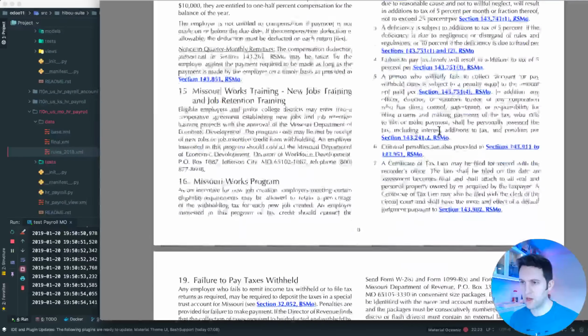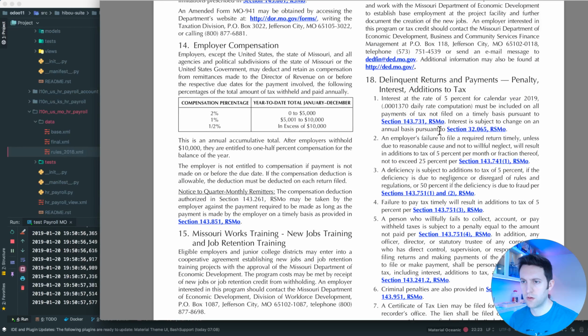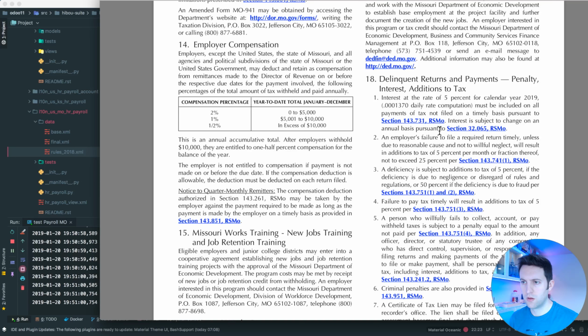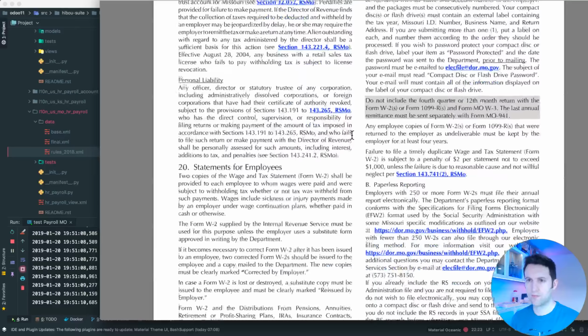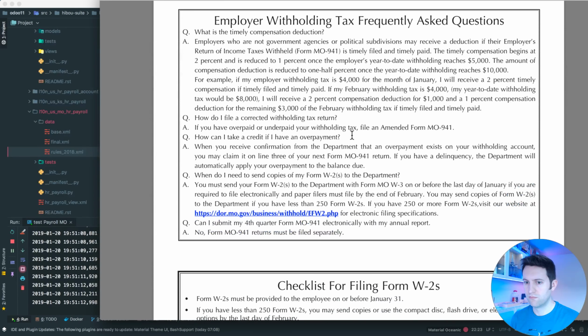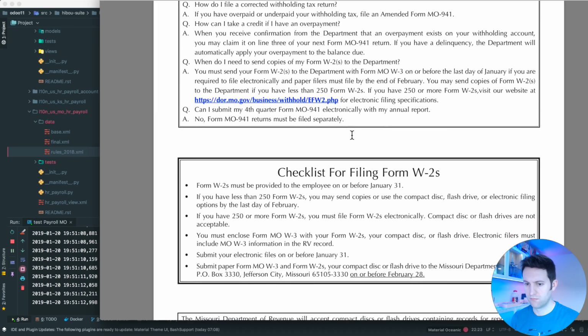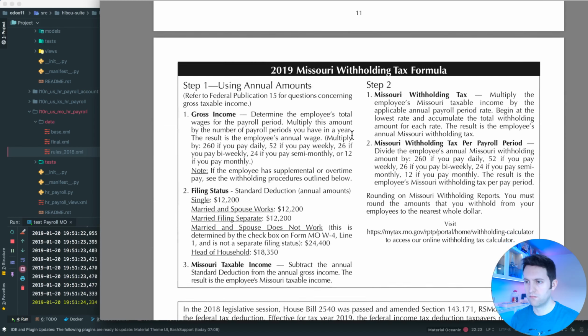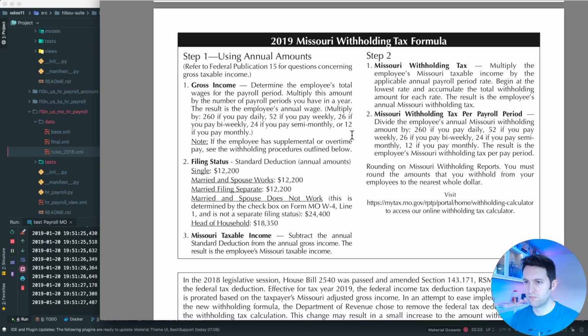Okay, a bunch of filing frequency stuff. Okay, determine the total employees' total taxable wages, which is gross for us.